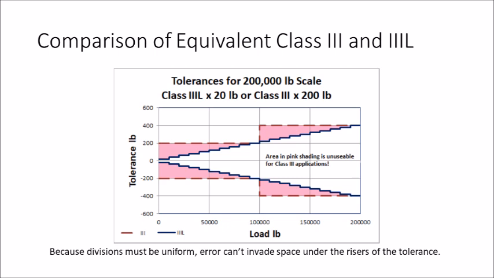The dotted red line represents the class 3 with 200-pound scale divisions. What's really important is, for many reasons, the manufacturer is not allowed to invade the pink space under the red steps. The envelope of performance, whether it's 200,000 by 200 or 200,000 by 20 class 3L, is essentially the same.